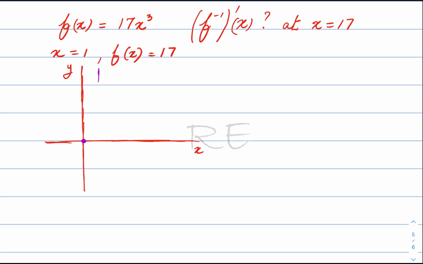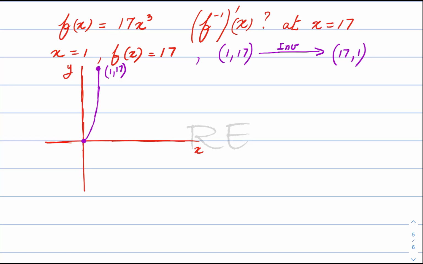Let's just graph this. You could just use your graphing calculator also. So here's what happened. From 0, the curve, which is a cubic curve, will go to 1/17. Now, if it does, then the inverse will be 17/1.